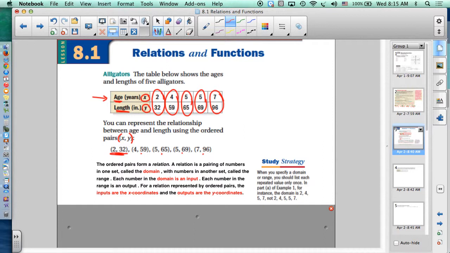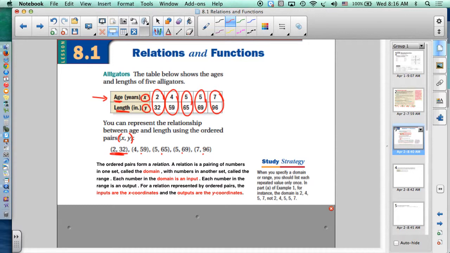A relation is a pairing of numbers in one set, our x values, which we call the domain, with the numbers in another set, our y values, which we call the range. Each number in the domain is what we would consider to be an input, and each number in the range is what we call an output. Okay? You put a number in, that's your x value. You get a result out, or a value out, that's your y value.